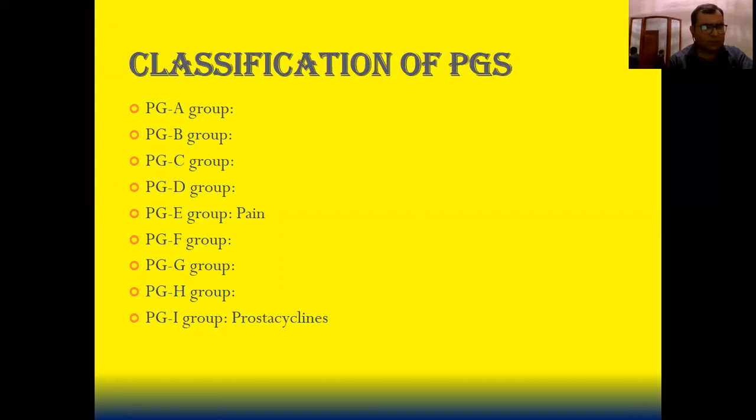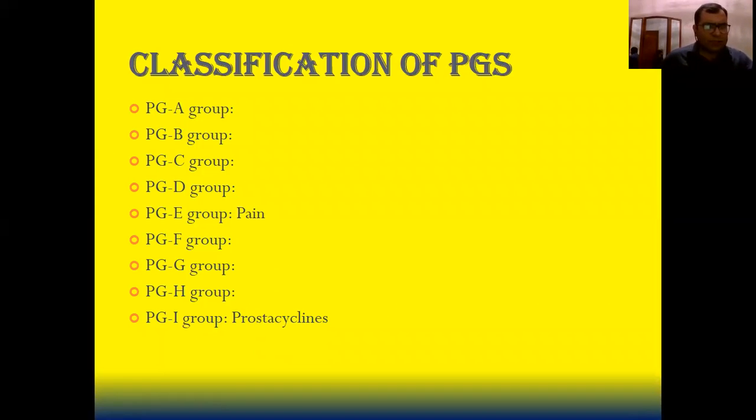Prostaglandin D causes vasodilatation. Prostaglandin E group, also called the pyrogenic group, causes pain and fever. Prostaglandin F causes bronchoconstriction and myometrial contraction.